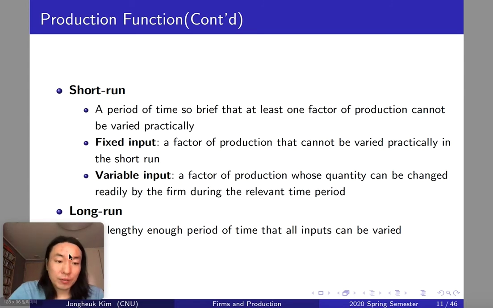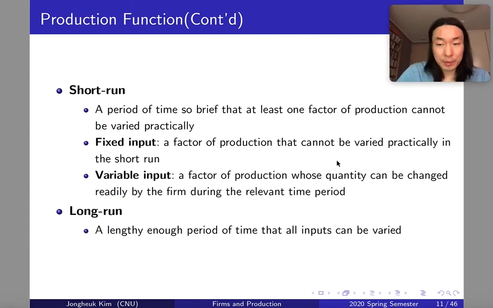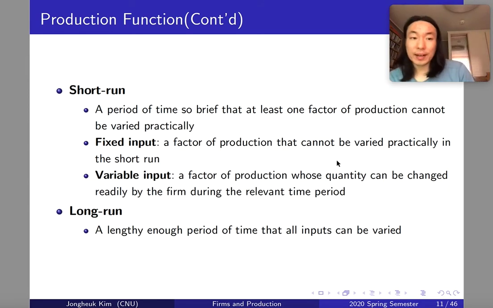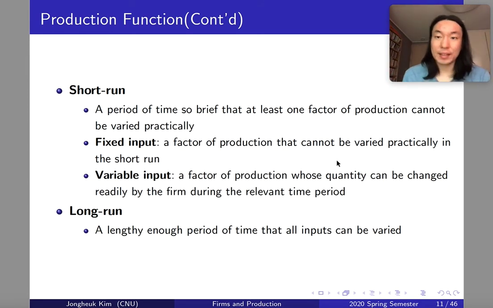To define the types of cost, we first define the types of time from the point of view of the producers. We can briefly separate time into two parts. The first one is the short term, and the other one is the long run. The short term is defined by at least one input being fixed.